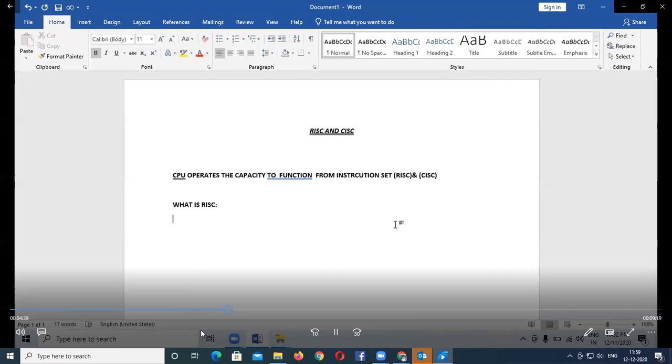Each command cycle uses a single clock cycle where every clock cycle includes three parameters, namely fetch, decode, and execute.